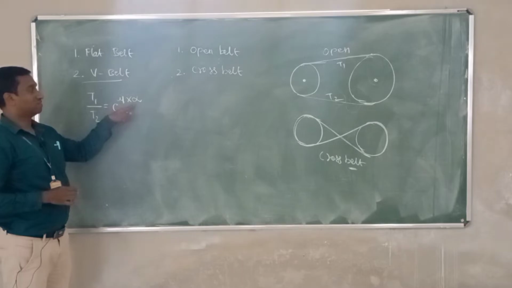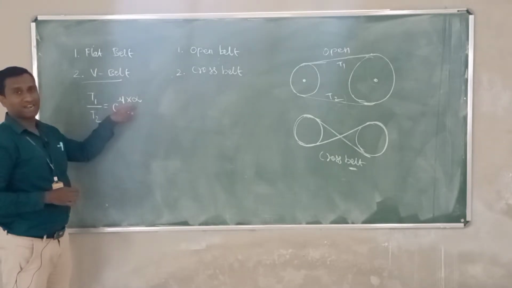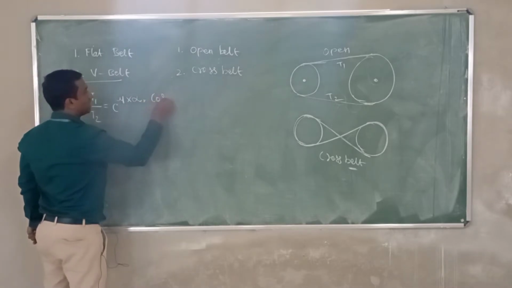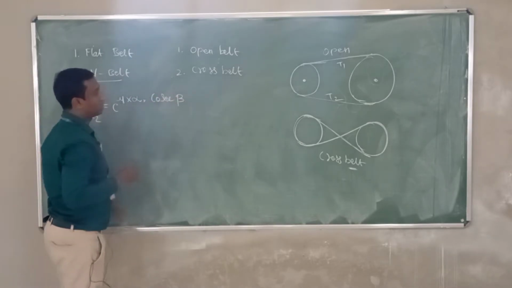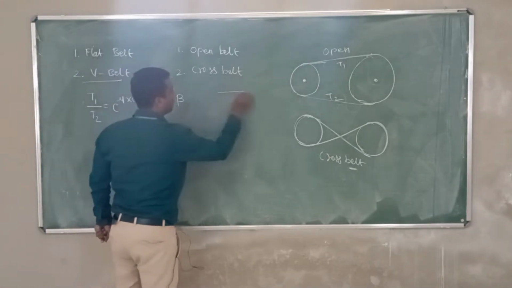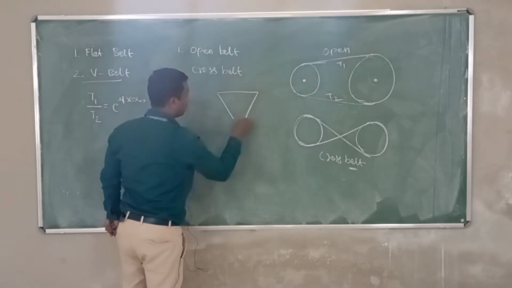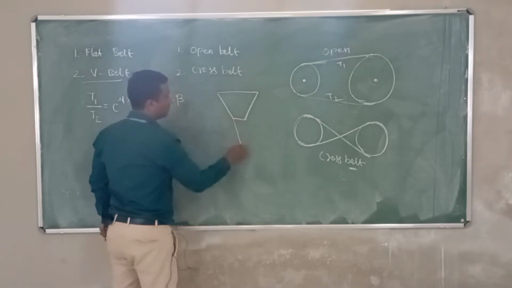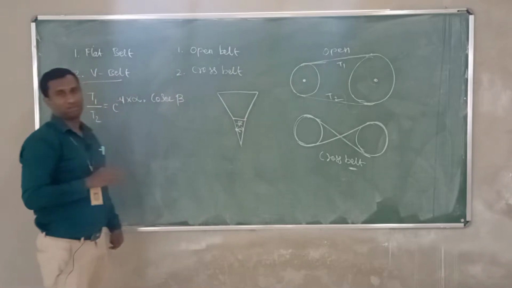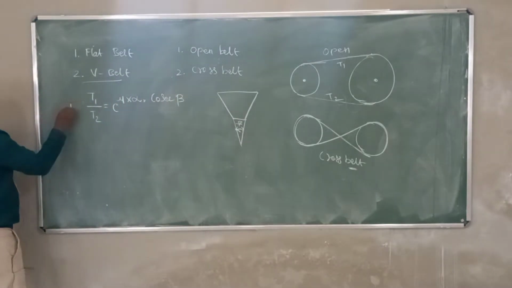What is alpha? Alpha is the wrap angle. Alpha is multiplied with cosecant beta. This beta is taken from the V belt groove angle. So this is equation 1.